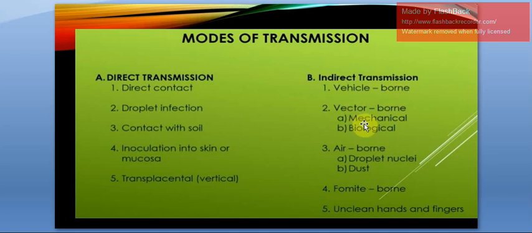Next one is airborne. This already I have told, through droplet or through the dust. Next one is fomite. Fomite means inanimate objects get contaminated by this infected individual. So that is referred as fomite. Or sometimes it can also be transmitted through unclean hands and fingers.